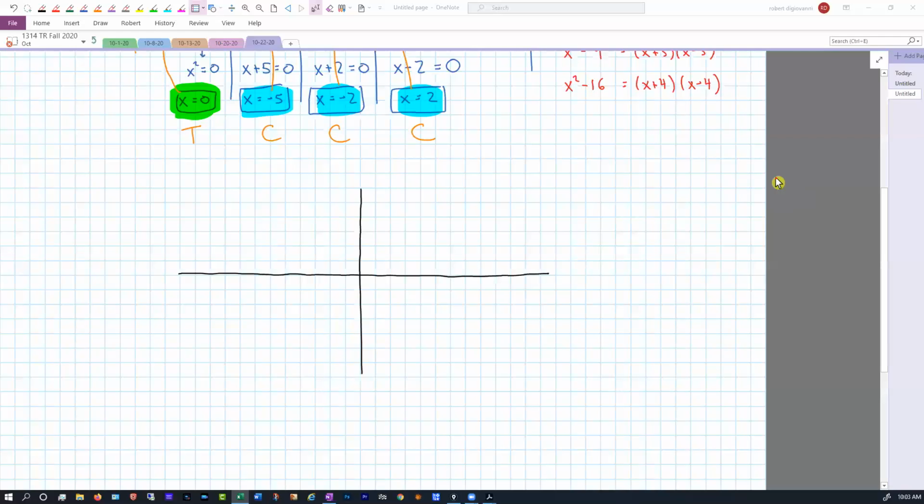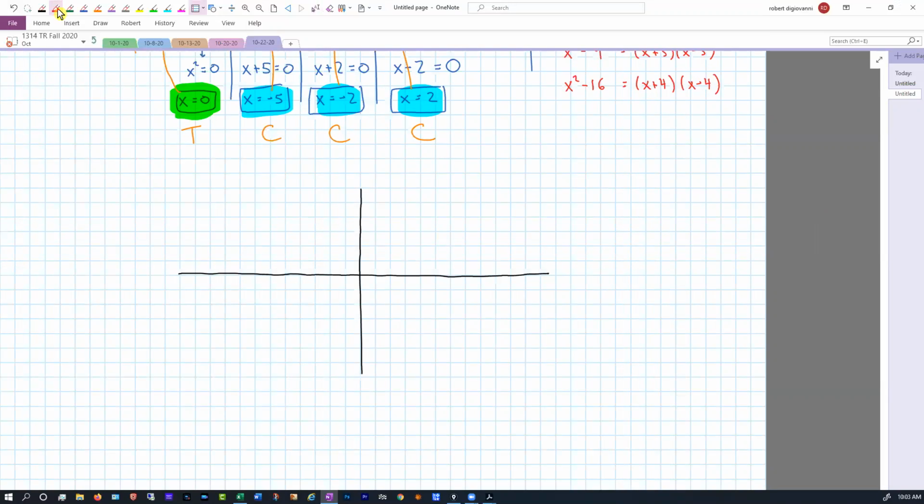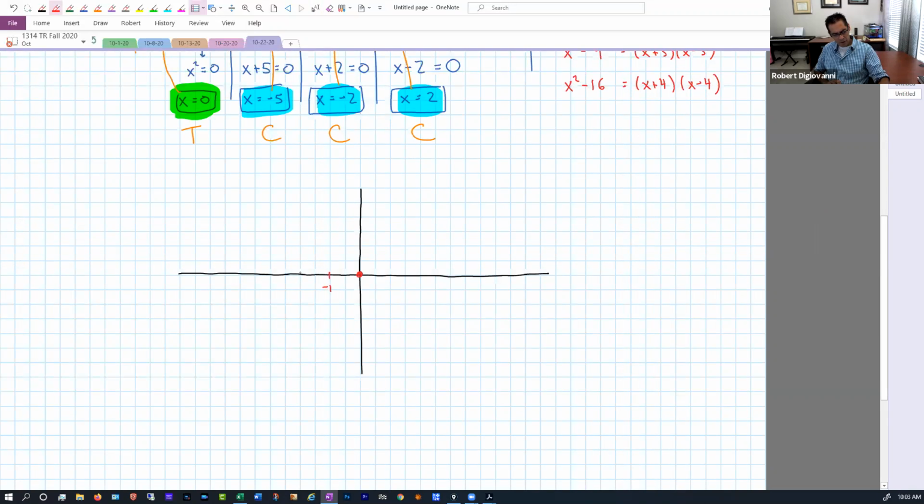Let's see. So after we figure out if we touch or cross, we're going to sketch it. So what should I start with on this sketch? The x-intercepts. Okay, how many points am I actually going to put down here? 4. So I've got 0, I've got one at -5, another one at -2, another one at +2.